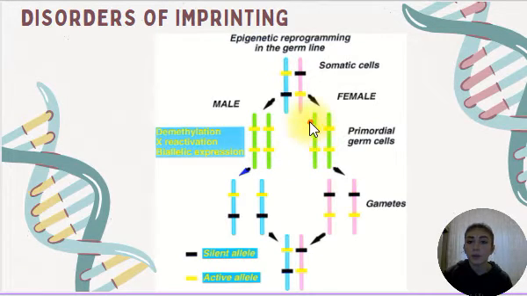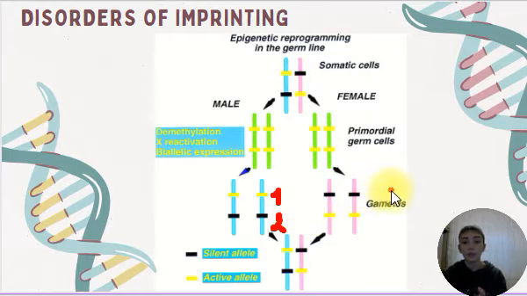So when they differentiate and become gametes, the process of imprinting kicks in, and what that does is it inactivates one of these genes, right? In the case of the paternal chromosome here, you have gene number 1 active and gene number 2 inactive. In the case of the maternal chromosome, you have gene number 1 inactive and gene number 2 active, right?